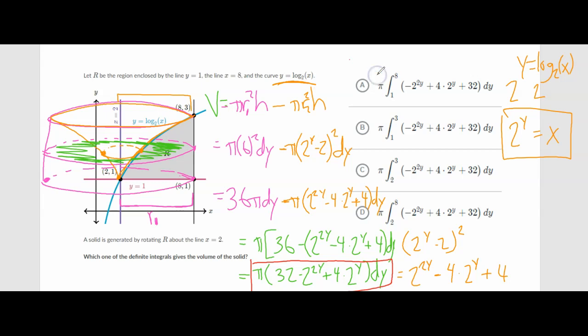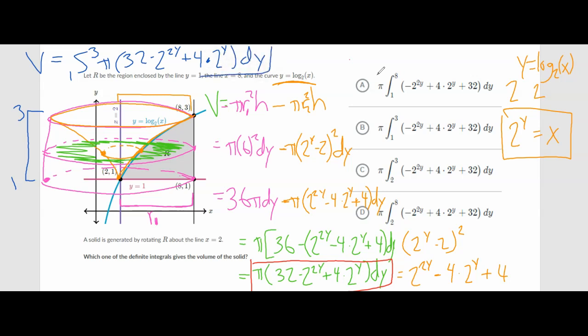So by integrating, I'm going to do this up here, the volume of the entire thing. On the y, we are going from 1 to 3. Just copying everything down there I have in green.